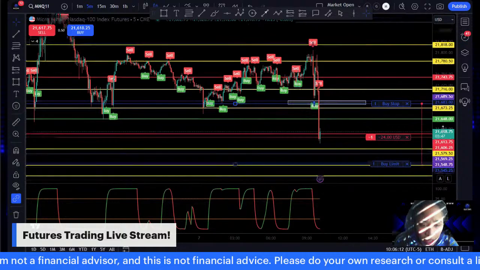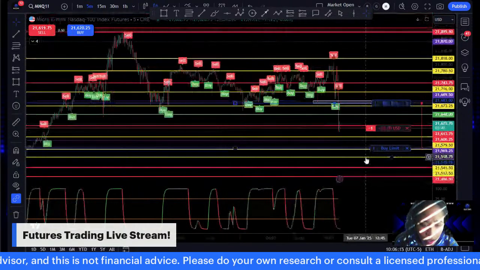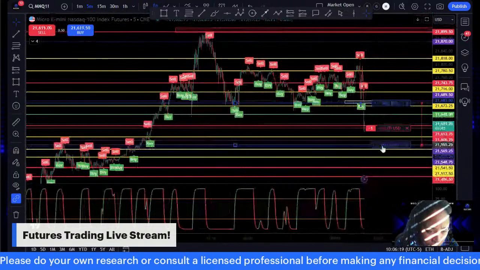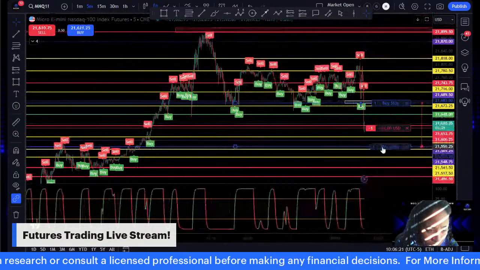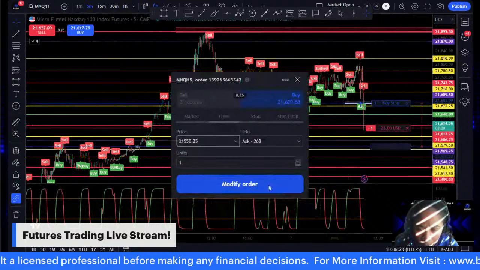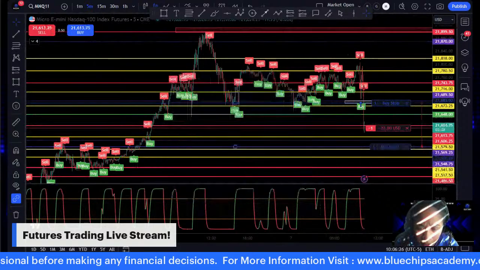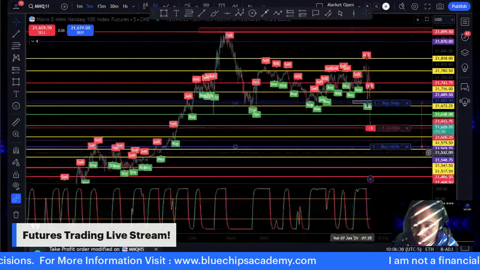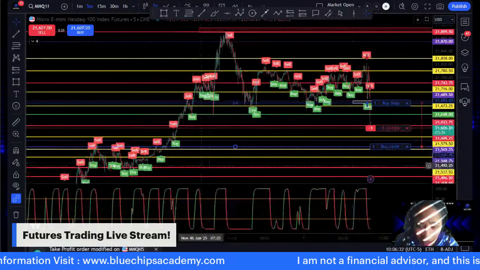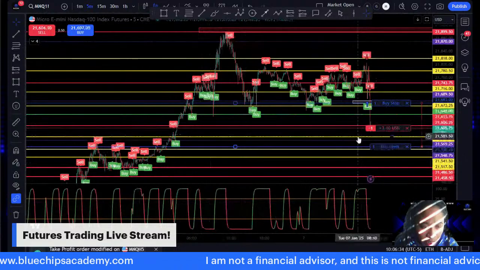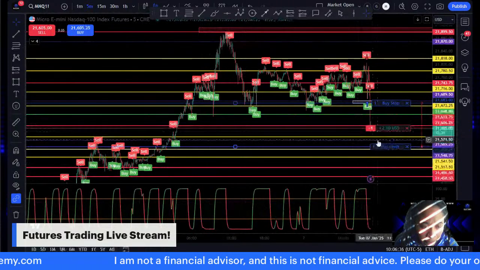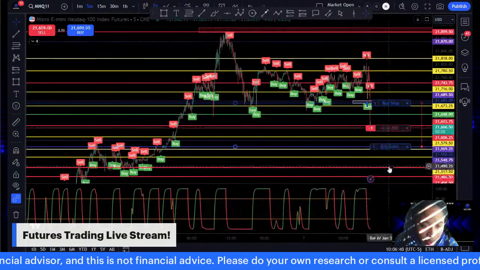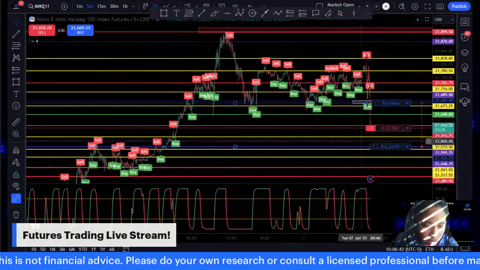And then I have, let me see, 21,550 for my take profit. If you want to do TP2, I don't really think so, because price has already moved significantly. I think that's kind of the threshold. Now, it could continue to drop down, but it's going to slow down significantly soon.